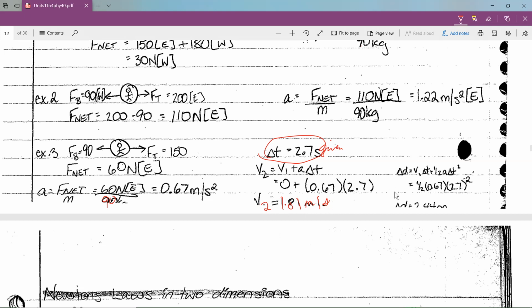And the displacement from the origin, take the origin as 0, so it's V1 delta T, V1 is 0, plus 1/2 times 0.67, so 0.5 times 0.67 times 2.7 squared, 2.44. Okay, so delta D is 2.44 meters. So you see how we're still using the kinematic equations, but we use the F equals ma to get the acceleration that we're talking about.